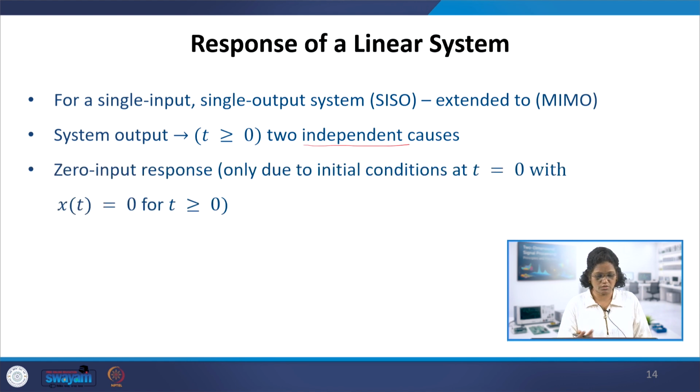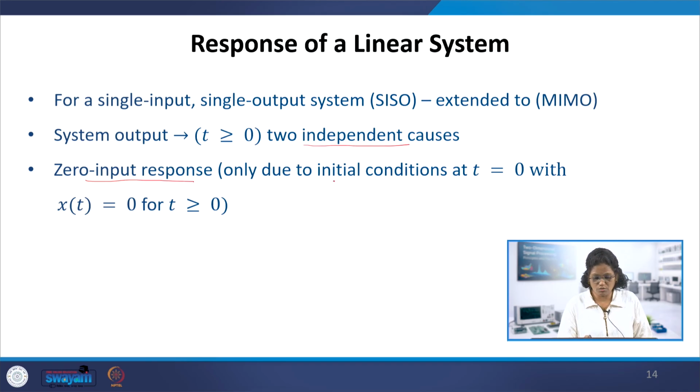What are those things? The response of the linear system would contain the zero input response. The name itself implies that the system input is 0. The input is absent for the system. In that case, the system is acting on the initial conditions.